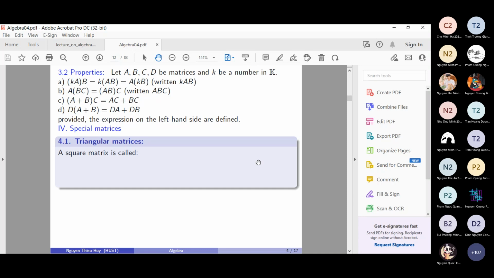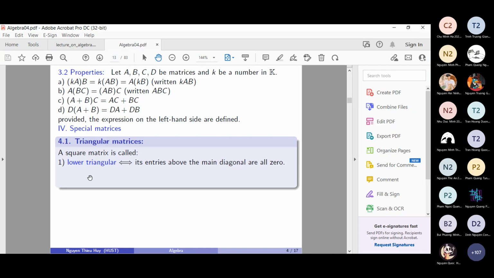The first thing I want to introduce to you is the triangular matrices. There are two kinds of triangular matrices. The first kind: a square matrix is called lower triangular if and only if all of its entries above the main diagonal are 0. If the matrix is square, then you have a main diagonal. If all the entries above the main diagonal are 0, then we call it lower triangular.